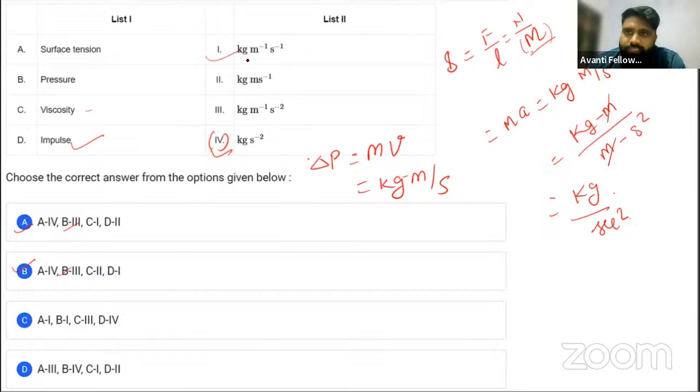Kilogram meter minus 1 means kilogram per meter per second. This cannot be the answer because here meter is given as minus 1, which means kilogram per meter second. Option second can be the answer, kilogram meter per second. So C has answer 2, so definitely D will be 1. So option B is correct.